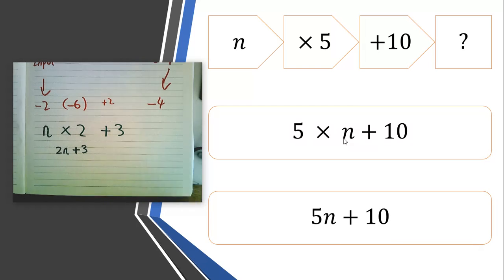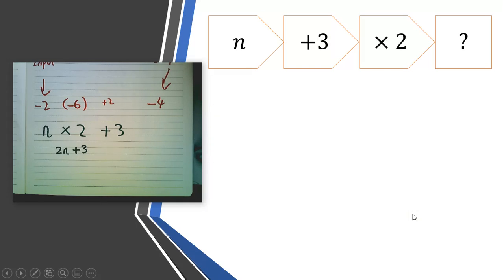Okay, and again, it's important that we understand what this means. You can think of what this means as we take this number, our input, we times it by 5, and we add 10, and we get an output. Okay, that's really what this is telling us to do.